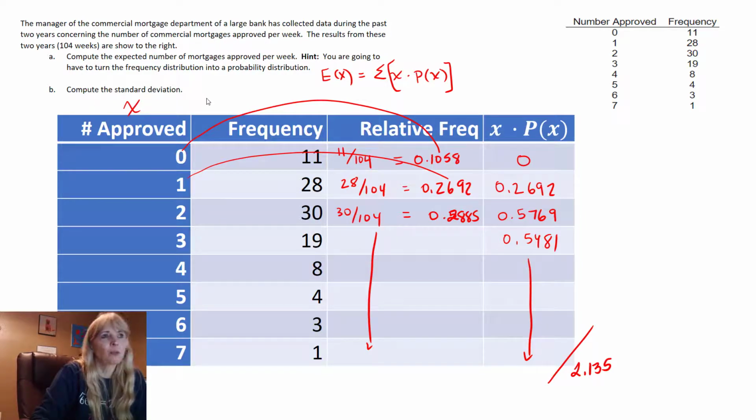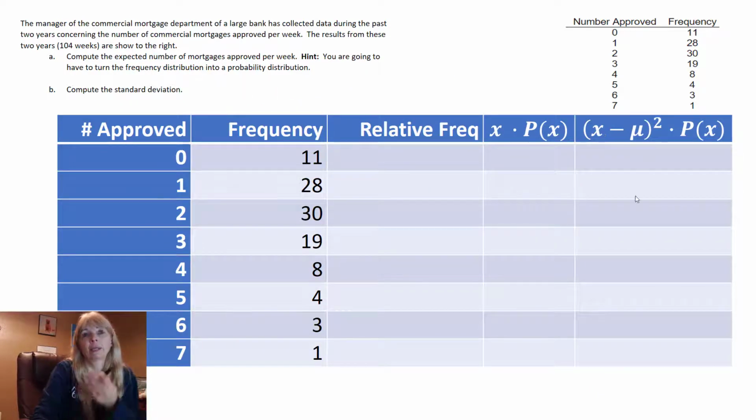Then it says compute the standard deviation. A little bit more work, so I added another column here. A lot of this is finding the formula, so you know what it looks like.